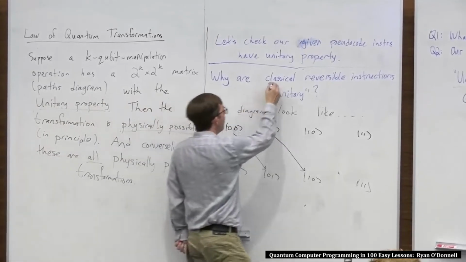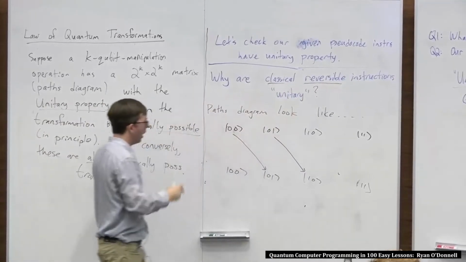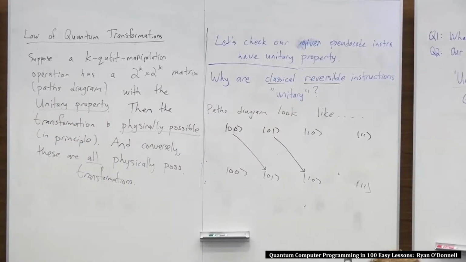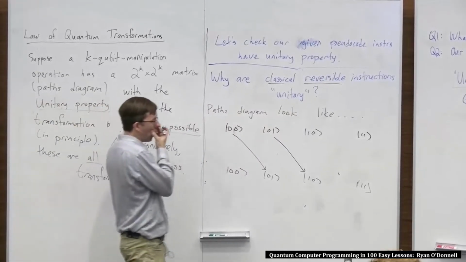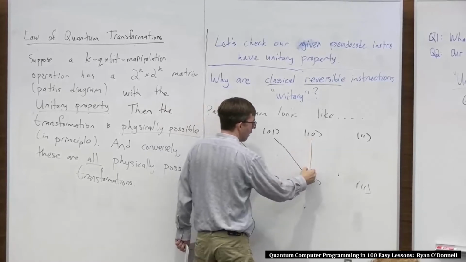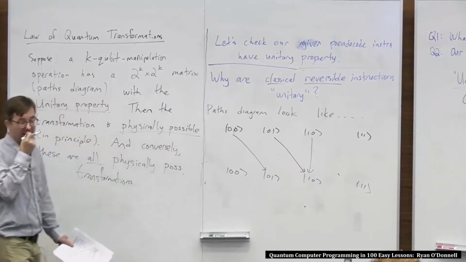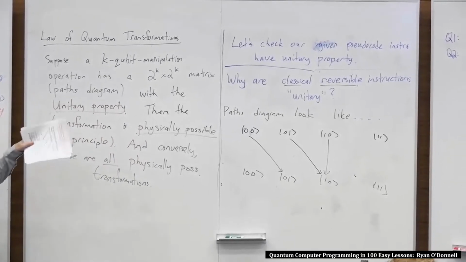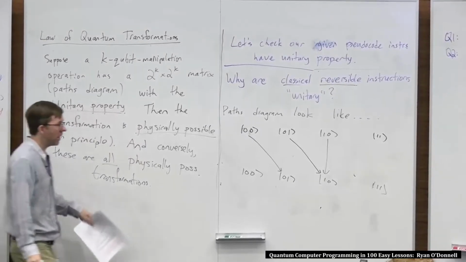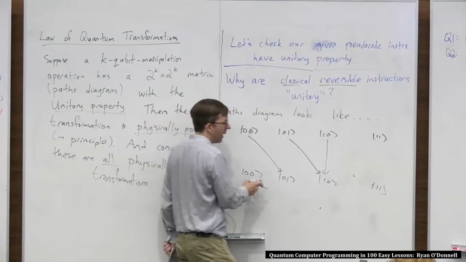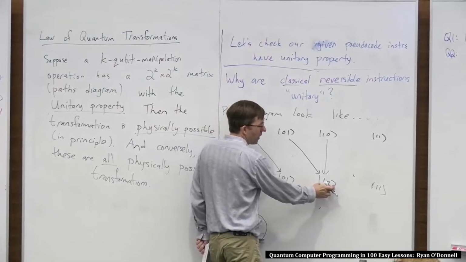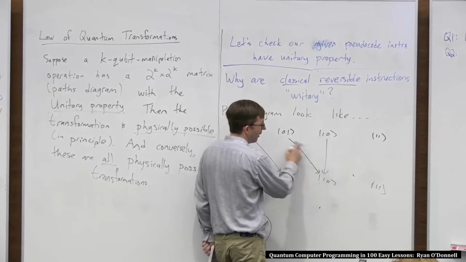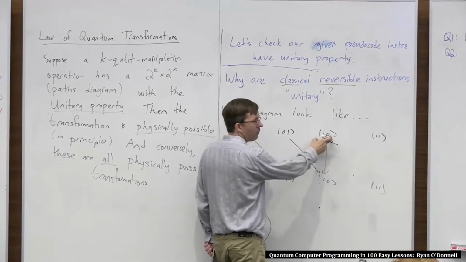That's the classical part. What about the reversible part? The reversible part means you cannot have something like this. This will never occur in a classical reversible instruction, because this is not reversible. It does not have an undo, because if it had an undo, where would the undo send 1, 0? I might have come from 0, 1, or I might have come from 1, 0.